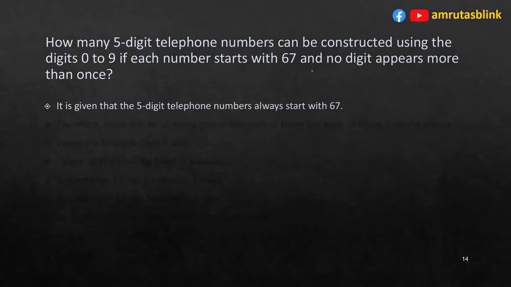So let's suppose there are 5 places, that is, this is units place, this is tens place, this is hundreds place, this is 1000s place, and this is 10,000s place. So this 10,000s place can always be occupied by 6, and 1000s place can be occupied by only 7.